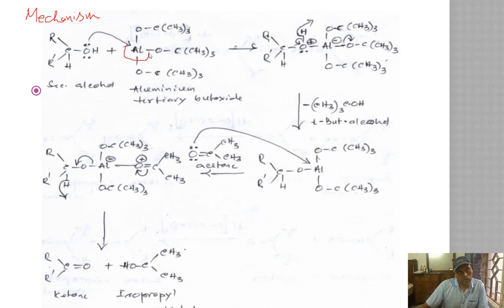The aluminum being electropositive is going to attract those electrons, and there is going to be a bond formation here between secondary alcohol and aluminum tertiary butoxide. So here there is the attachment, we are going to attach this. What is going to happen, these electrons are going to jump onto the aluminum. Aluminum was actually neutral. There was no charge on it. It is like partially positive. It was going to attract the electron, but there was no charge on it.